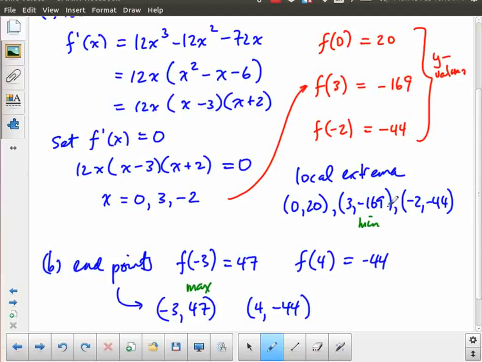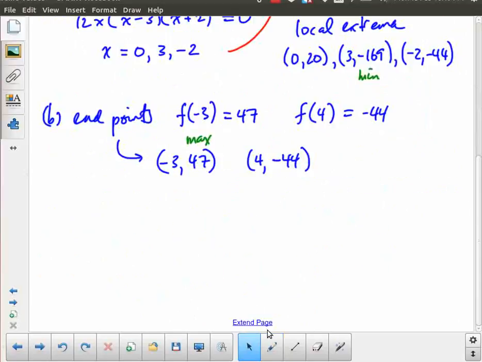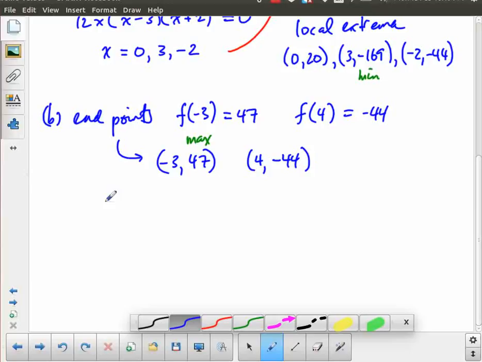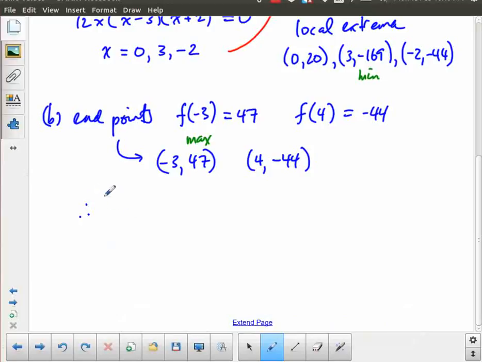Now, what did the question ask for? The question said to find the extreme values. It actually did not ask for the extreme points or the coordinates. It asked for the extreme values themselves. So the correct conclusion for this question is, therefore, the absolute maximum is, what did I say?